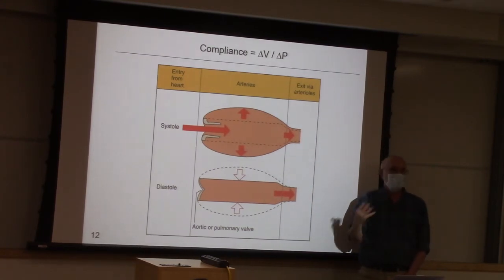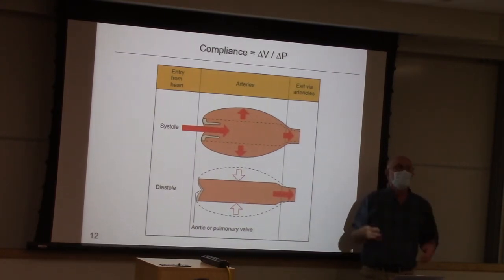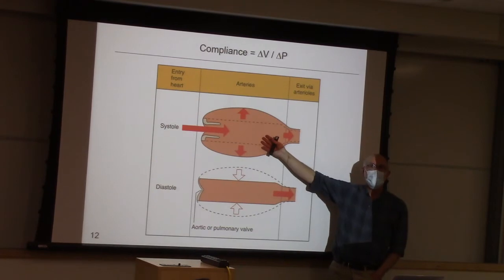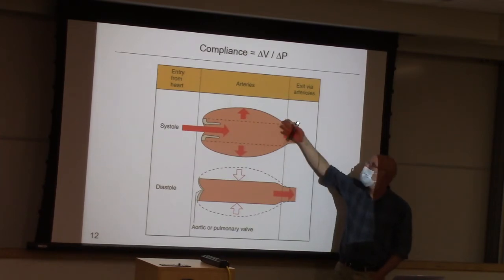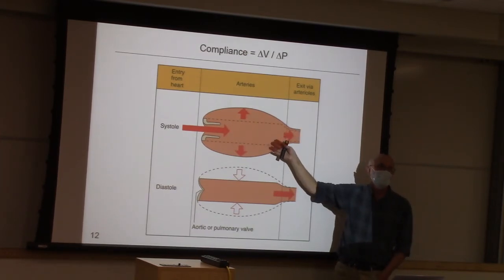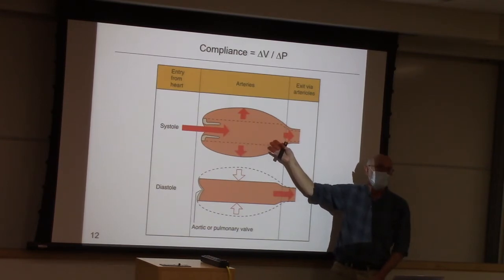So your parents and your grandparents, your professor, have harder arteries than you do and probably higher overall blood pressure because of the lower compliance of the vasculature, the arteries in particular, in elderly people.